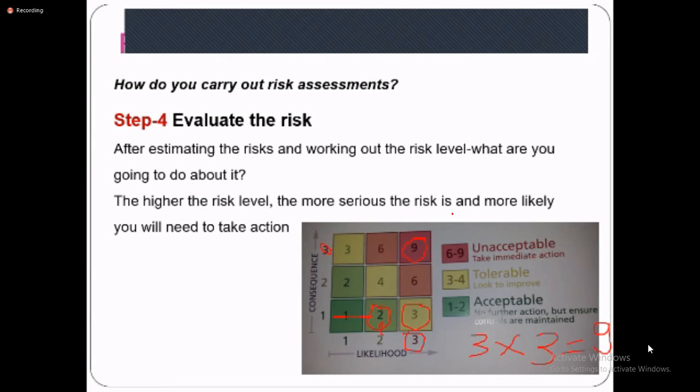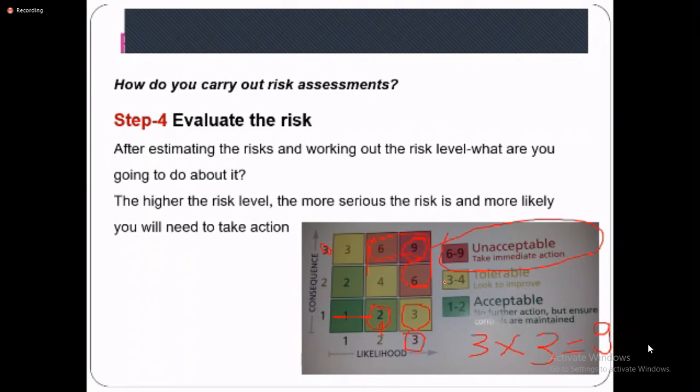Then as per the 3 by 3 matrix, if the risk is 6 to 9, it is unacceptable and you need to take immediate actions. They call this area high risk. So this one and this one are high risk. You have to take immediate action, otherwise it can end up with death situations.